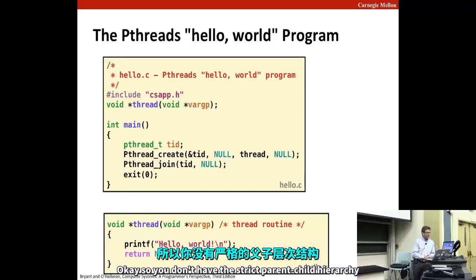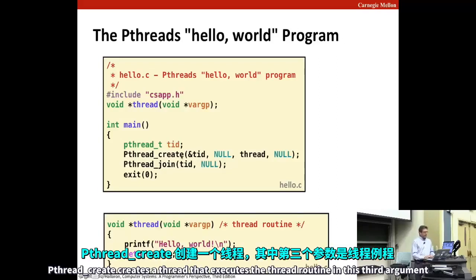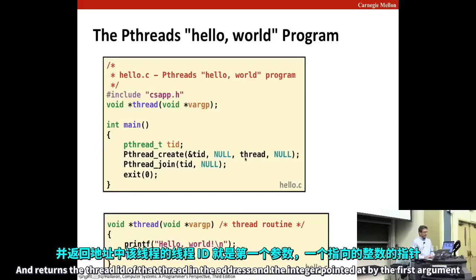Pthread_create creates a thread that executes the thread routine in the third argument, and returns the thread ID of that thread in the integer pointed at by the first argument.